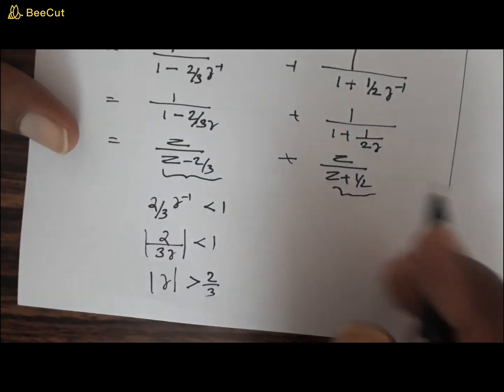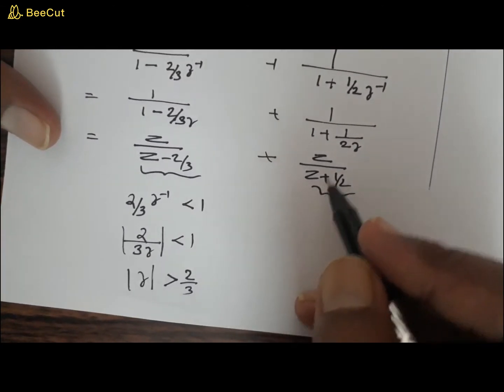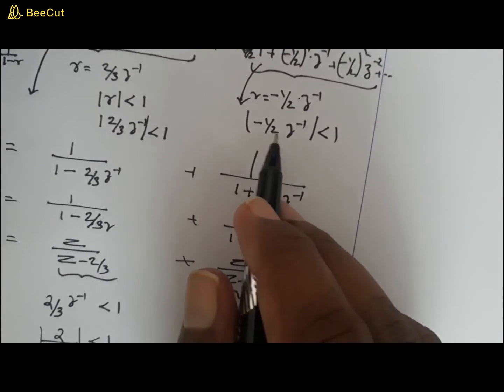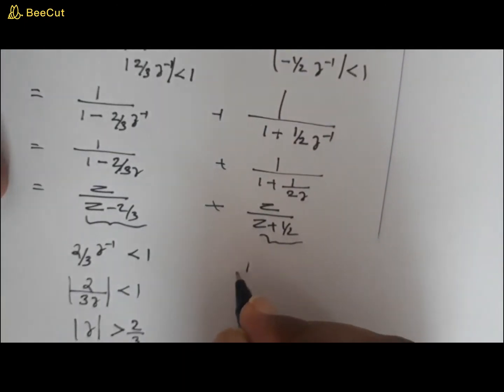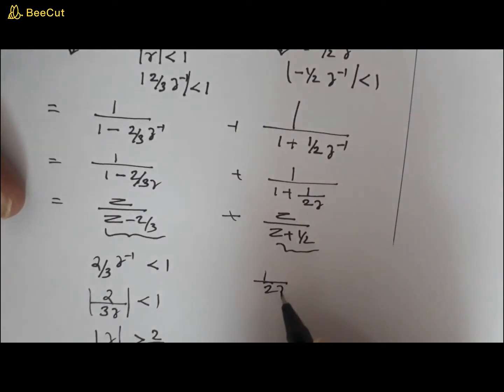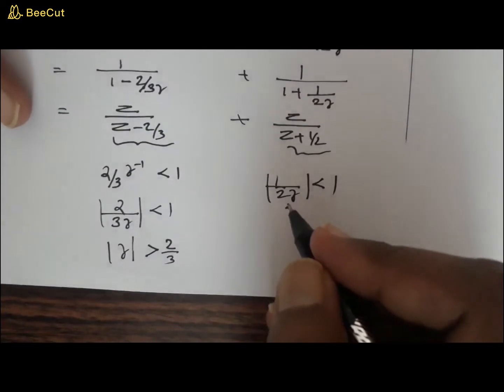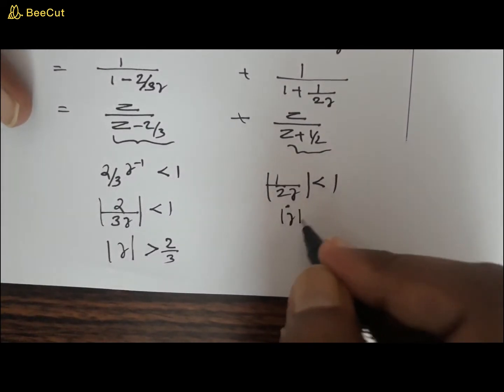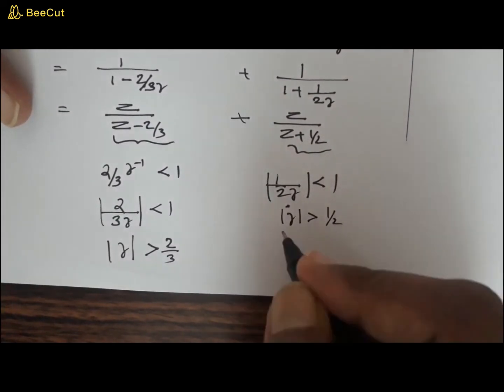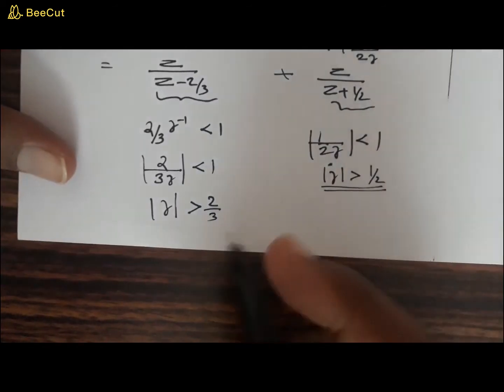Right? Now what about this case? So bringing this, what is the magnitude of minus half? It is plus half itself. So you can write this as half into, you can bring this z down, z is less than 1, or mod z is greater than half. Okay, now let's see.